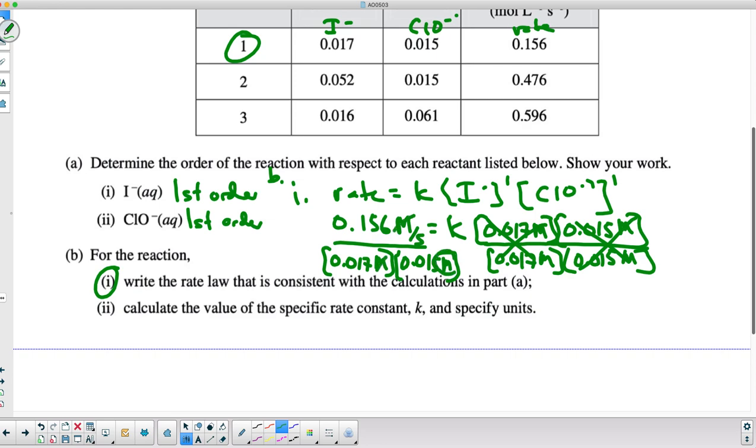That means I'm left with 1 on the bottom and seconds on the bottom, because it asks us for specified units. So when I take the 0.156 divided by 0.017 divided by 0.015, I end up with a number close to 610. So k equals 610, and my molarity is going to be on the bottom, and my seconds is going to be on the bottom.